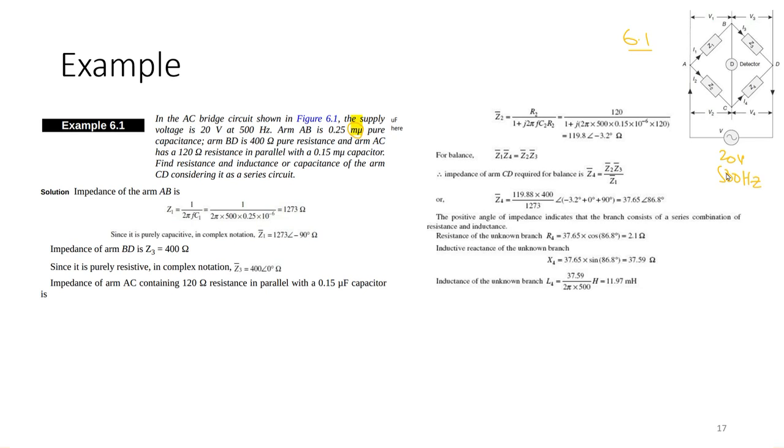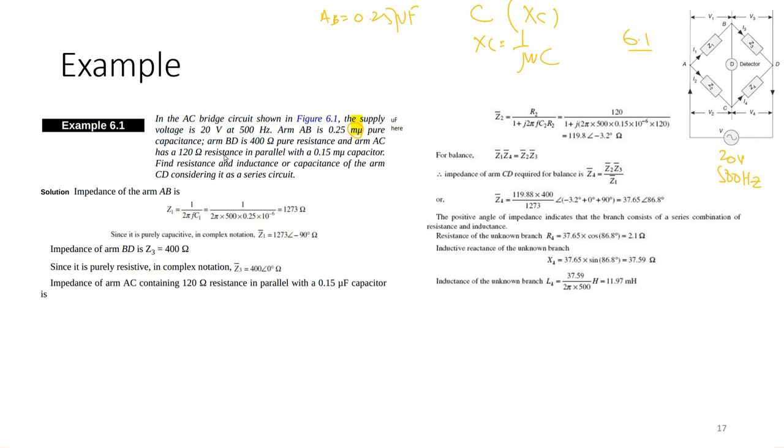This is our source voltage, and the arm-wise impedances are given. AB is 0.25 microfarad. Now remember that this is capacitance and not XC, so we will convert it to XC by the 1 over j omega c method.